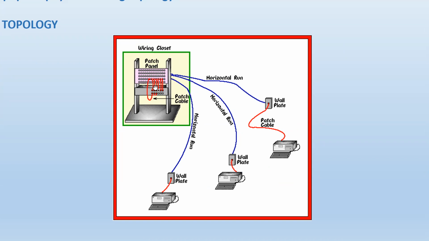And from there, patch cords are being used to connect each individual run to a specific port. So let's say this is the PC, it's connected to the wall jack, then through the wiring, the horizontal run or home run goes to, let's say, this first port on the top row, and then from there it's being patched right to a specific port of the switch.